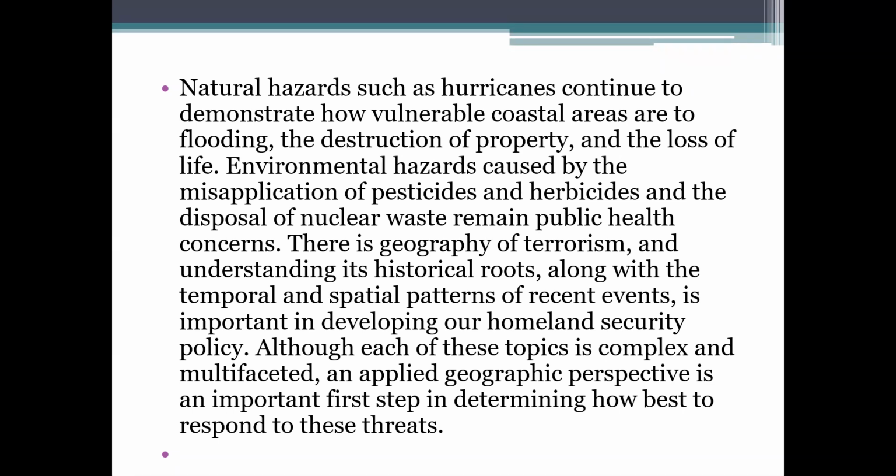Although each of these topics is complex and multifaceted, an applied geography perspective is an important first step in determining how best to respond to these threats. For example, now we are facing very crucial geopolitical issues in the region.